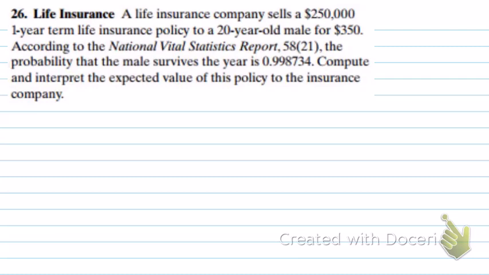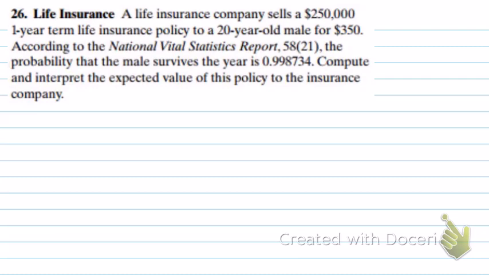Well, how do they know how much to charge for that policy? They know, I promise you, insurance companies know about how many 20-year-old males are going to die in Texas this year. They know. Why? Because they keep track of that sort of thing. That's their business.